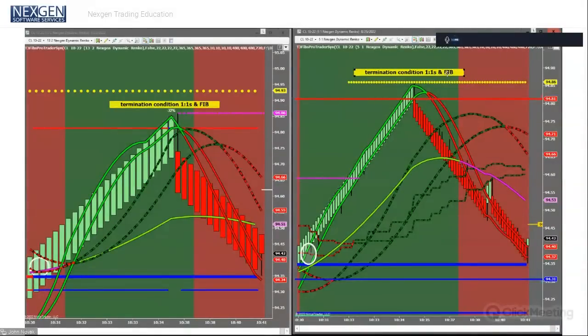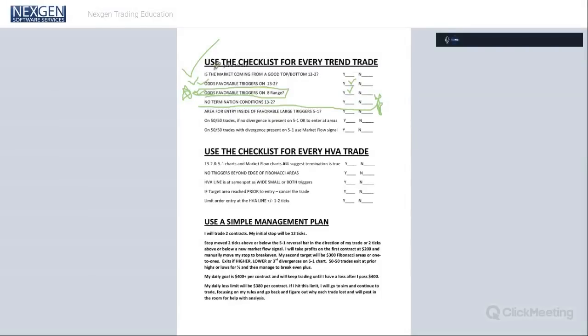And if you want to add in a third chart, like an 8-range chart, to give you an extra check on your checklist, not a bad thing, right? If you have odds favorable triggers on an 8 range chart, it usually helps the decision to take a 5-1 trend trade because of your other charts.